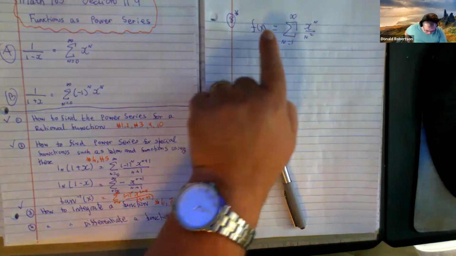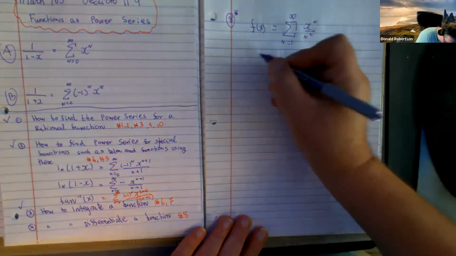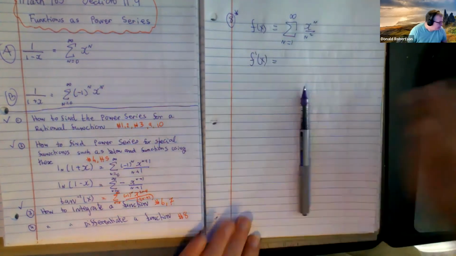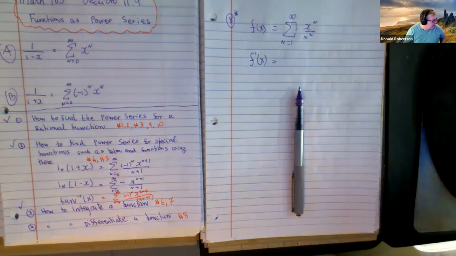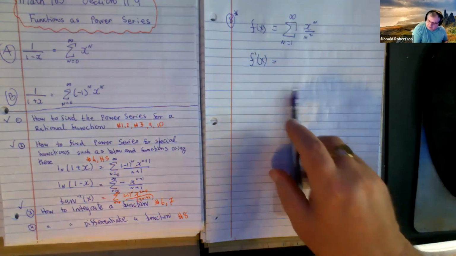We've taken power series and integrated them. What we haven't done yet is differentiate them. So we are going to find the power series for the derivative of this function, this power series, right? So here goes.